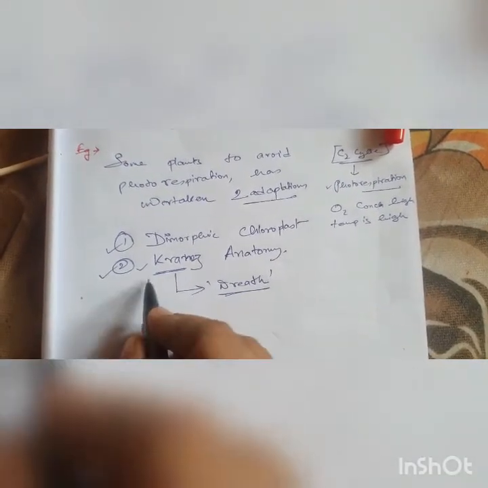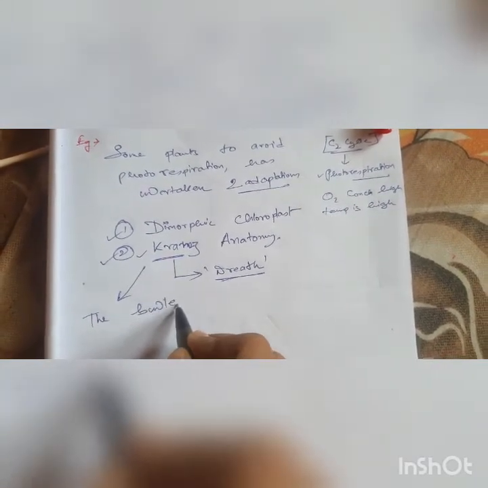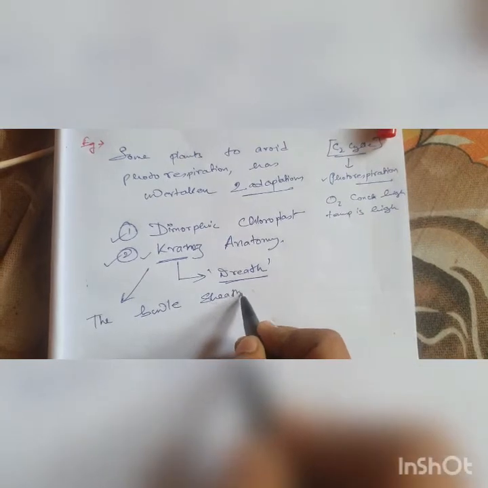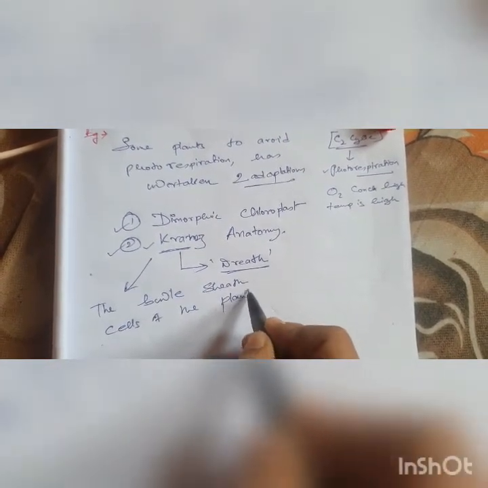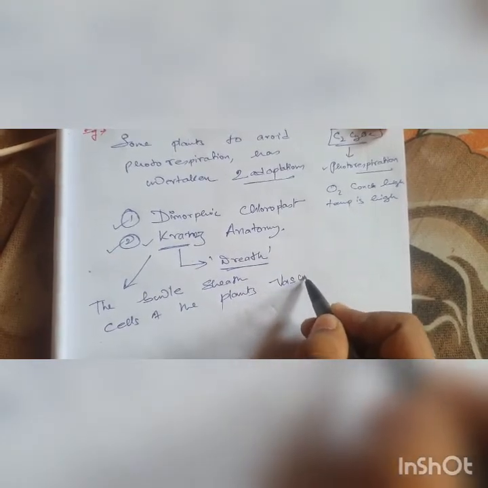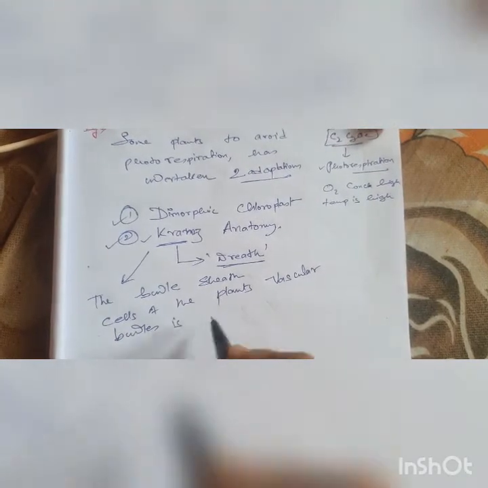So the Kranz anatomy is that the bundle sheath cells of the plant's vascular bundles have a wreath-like arrangement.